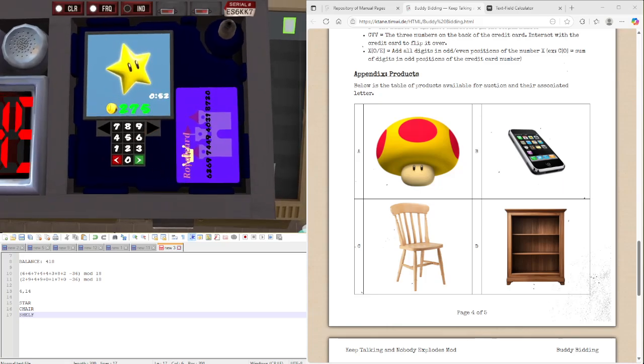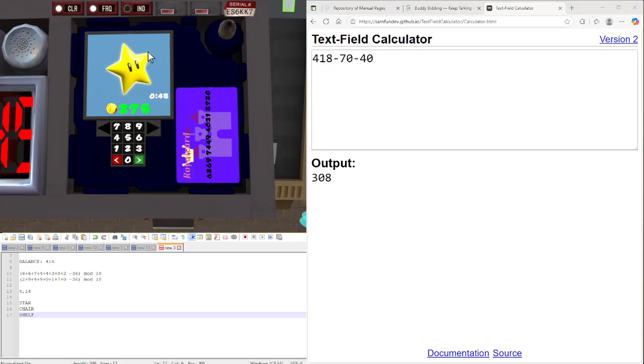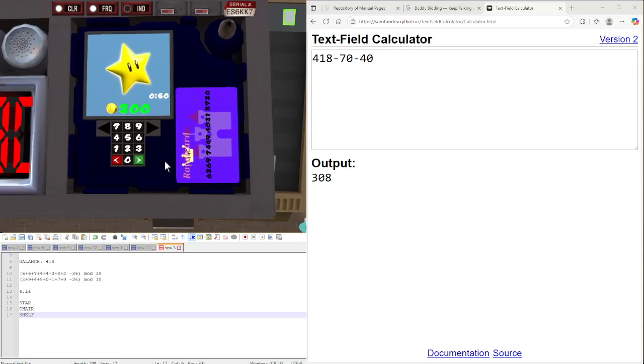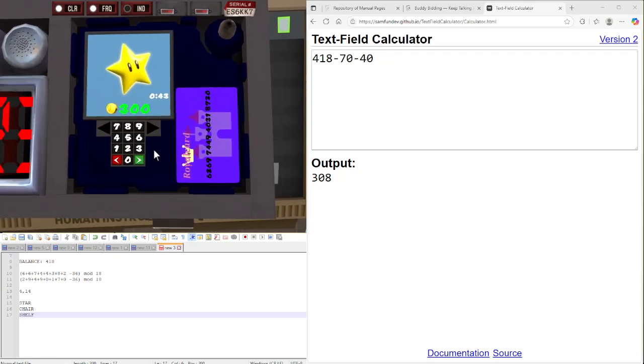You can just bid the full thing, but I probably wouldn't do that, just in the off chance you're not confident that you got the right number. Yep, we can put 300 there. I think that wins us it. I don't know. I really hope that wins us it.